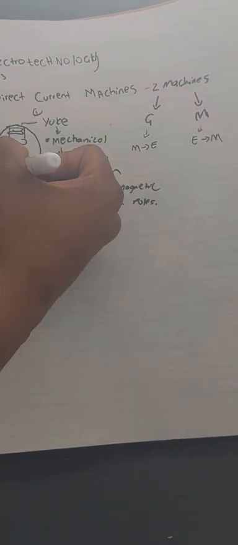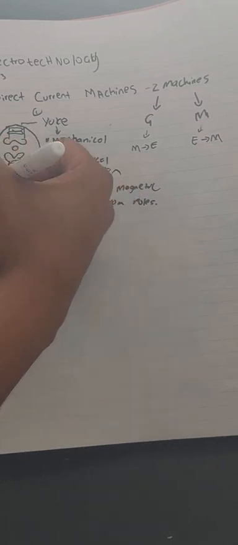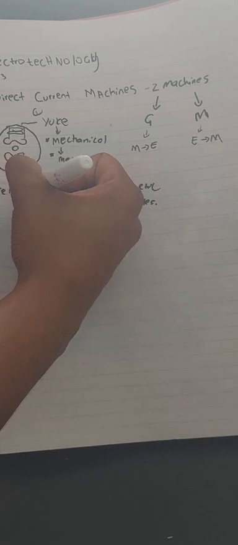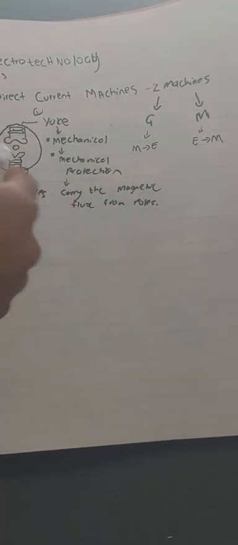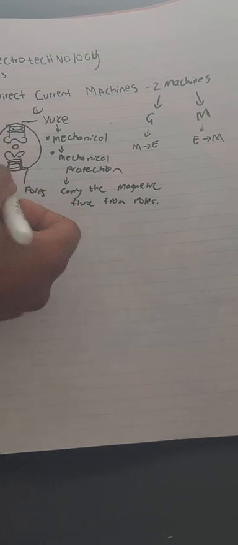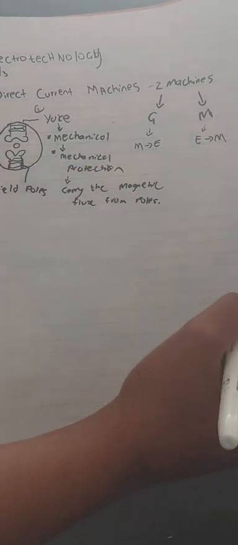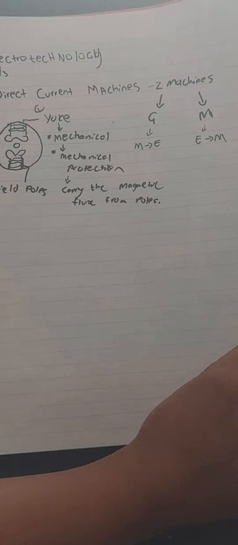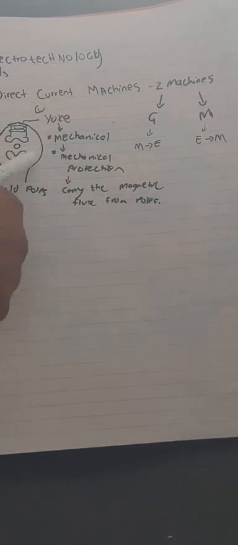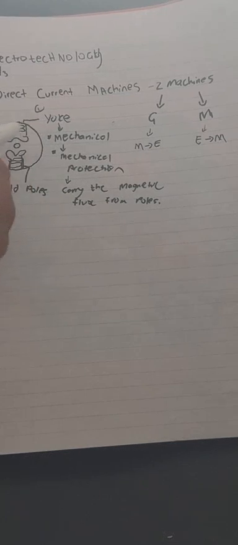Second one, we have these things, we call them field poles. What is the function of the field poles? On these field poles, we have a wire, we call it a coil. This thing that I drew here is a coil.